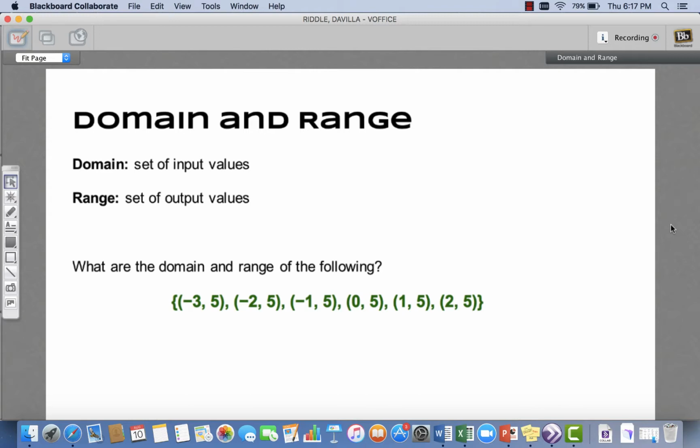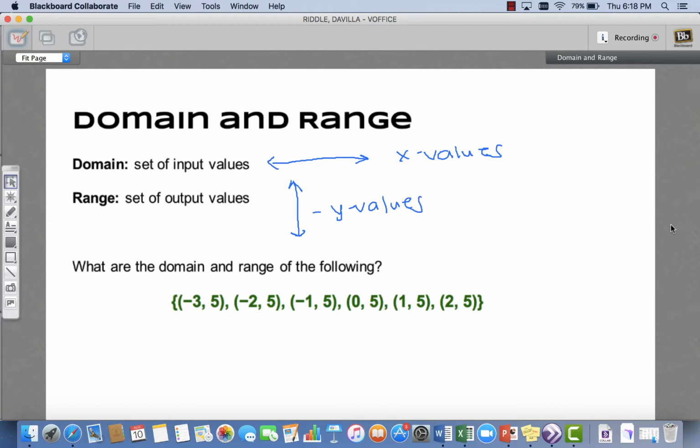So now when we're looking at domain and range, domain is actually your set of inputs, right? So how far and wide are your x values? While your range is how far up or down your y values are. So that's what domain and range means.